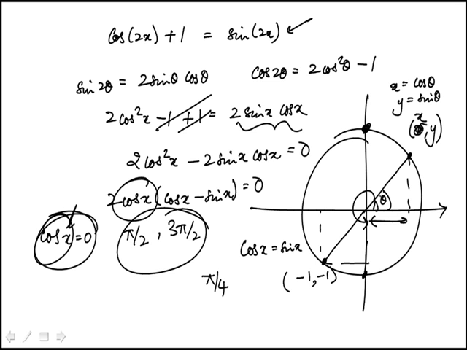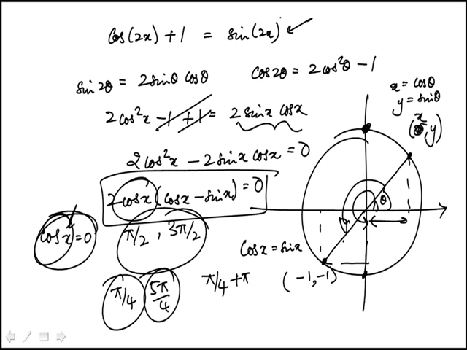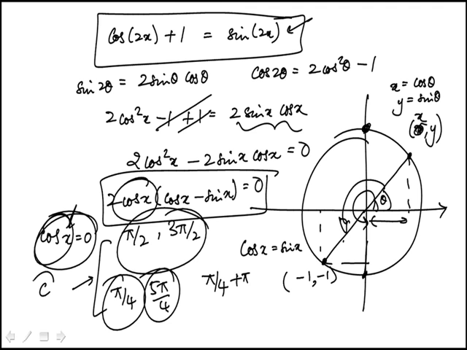So that's going to happen at pi over 4, and then add pi to that to get to this point, which would be pi over 4 plus pi, which is 5 pi over 4. So these are the four values for which this expression will be equal to 0, which is equivalent to the original. Look at the answer choices. This matches with choice C.